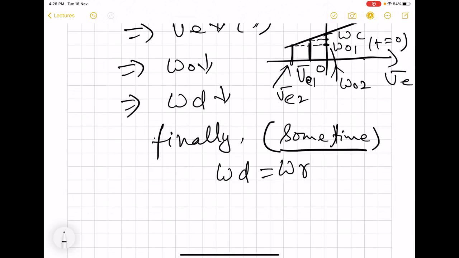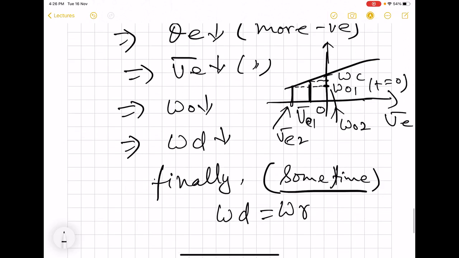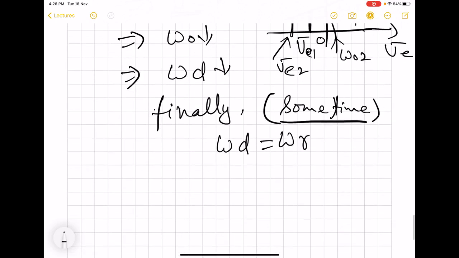So how much time it takes will be decided greatly by the loop filter. That means what kind of V signal is being fed to the VCO. And this locking phenomena, that means this omega d ultimately becoming equal to omega r, might not be in a very smooth fashion. So this might happen after a certain back and forth oscillation.